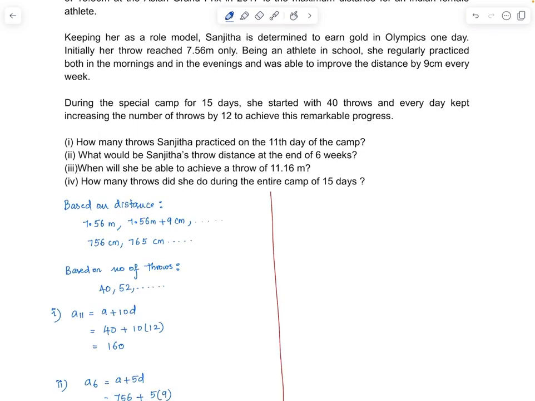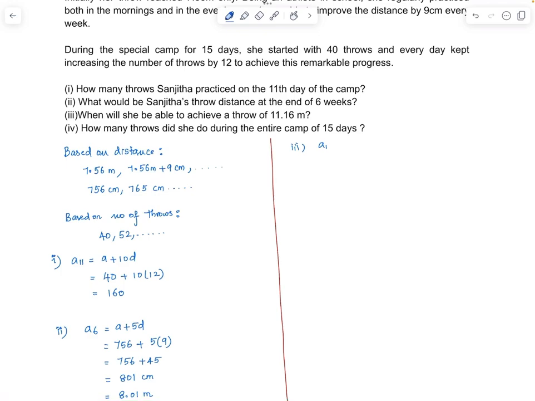Question 3. When will she be able to achieve a throw of 11.16 meter? An is equal to 11.16 meter. I'm changing this to centimeter as I had written the AP in centimeter.